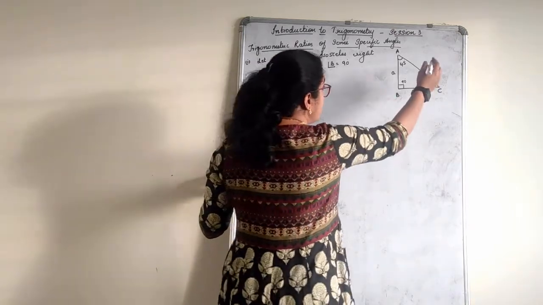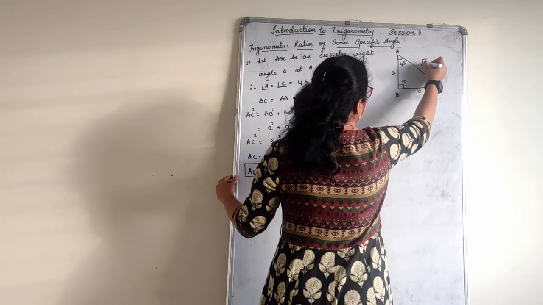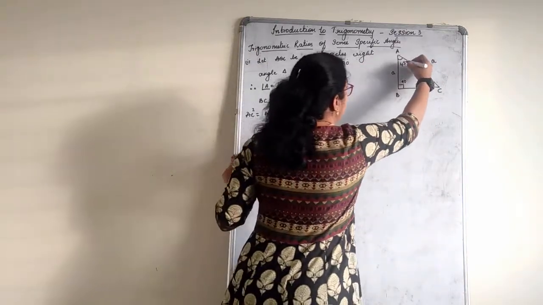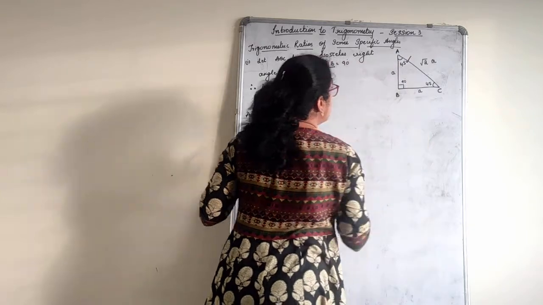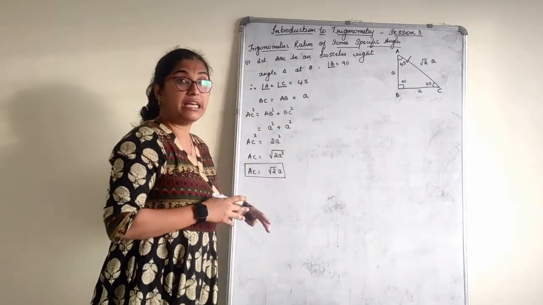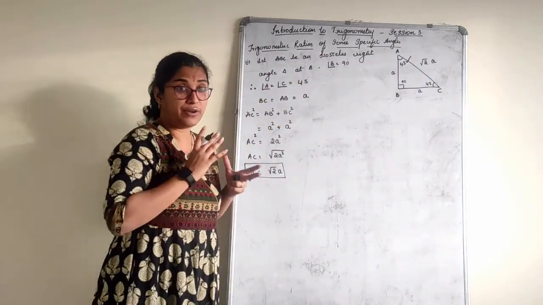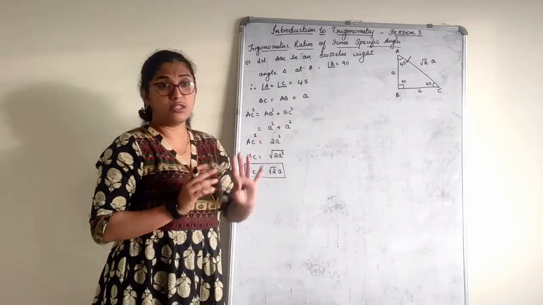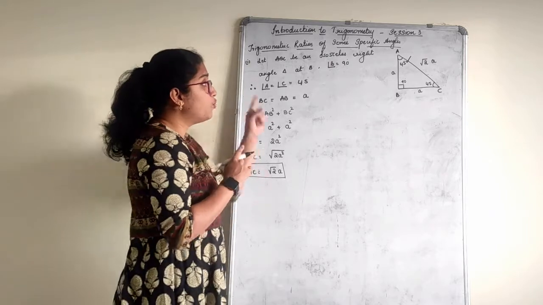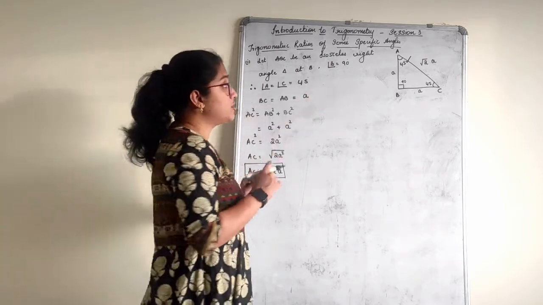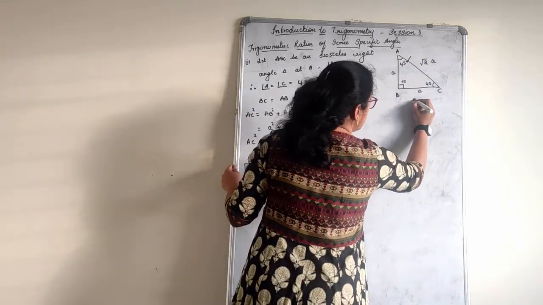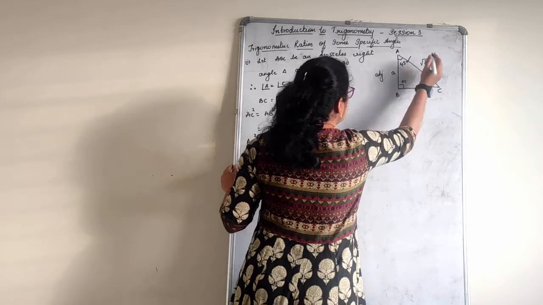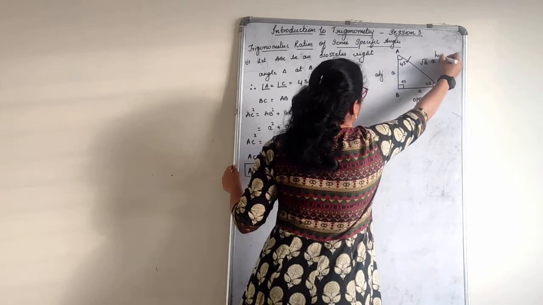So what is my measurement of AC? Root 2a. Let me consider with respect to angle A. We have to choose one angle to find the T ratios always, right? Either A or C. It's up to you. I will choose angle A. With respect to angle A, this should be the opposite side, this should be the adjacent, and this is of course the hypotenuse.